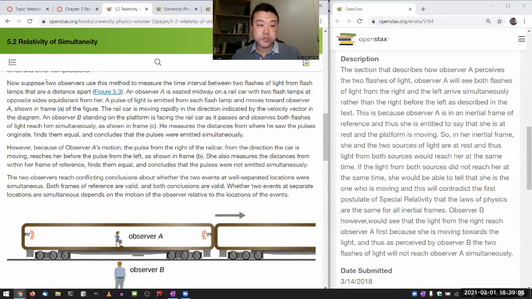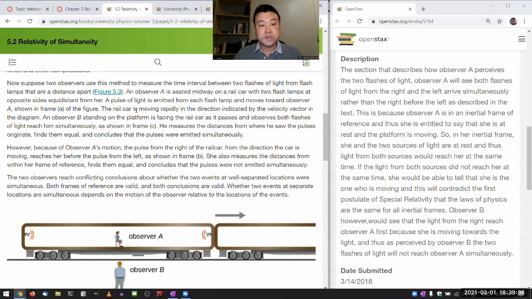Now, suppose two observers use this method to measure the time interval between two flashes of light from flash lamps that are a distance apart. Observer A is seated midway on a rail car with two flash lamps at opposite sides equidistant from her. A pulse of light is emitted from each flash lamp and moves toward observer A, shown in frame A of the figure.